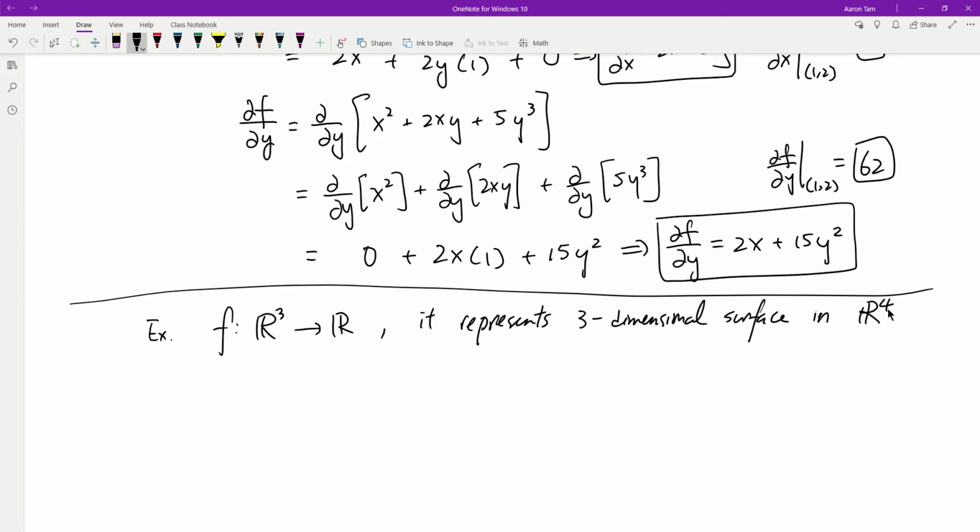Otherwise, it's all surfaces unless it's 1-dimensional, which we call a curve. So this represents a 3-dimensional surface in R4, and the 3-dimensional surface does not behave like a solid when it's in R4. It behaves like a surface in R4.